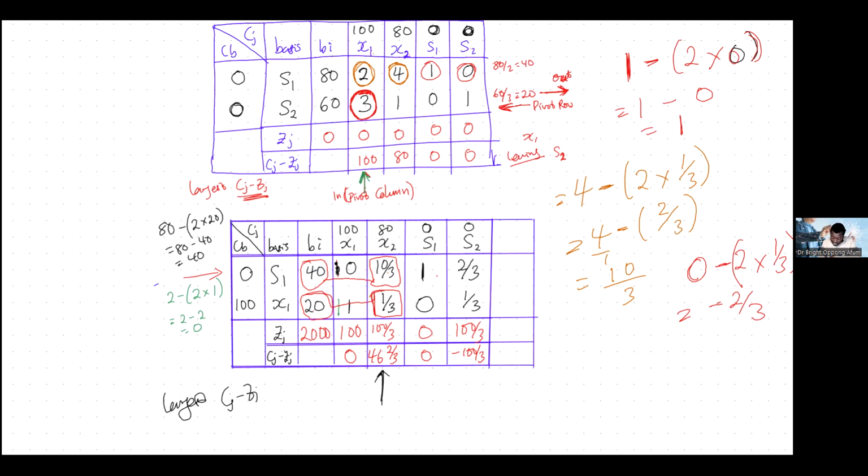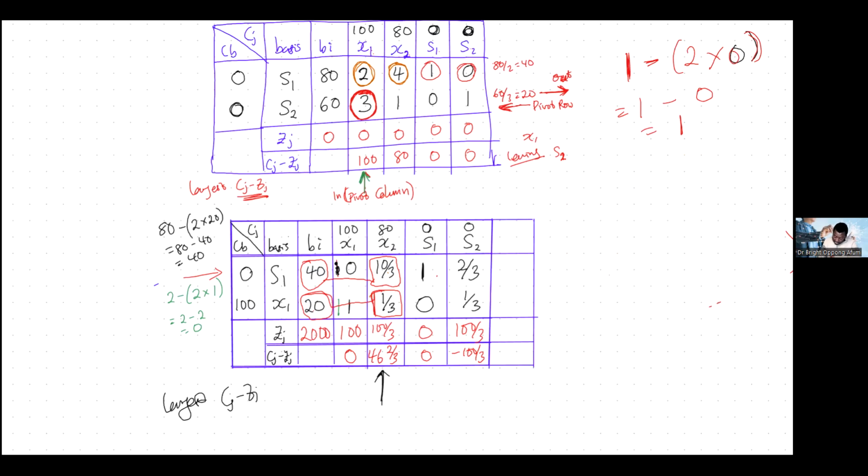So if we are to do that, let me delete all this. So we are saying that 40 divided by 10 on 3, right?